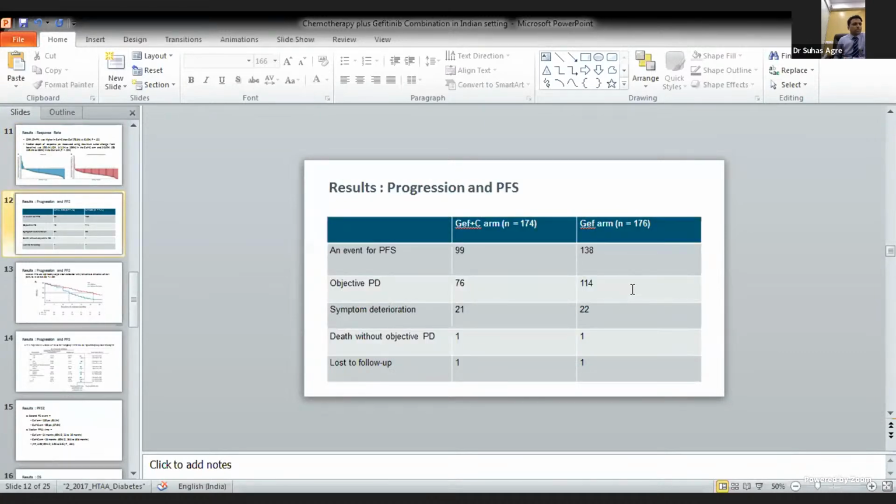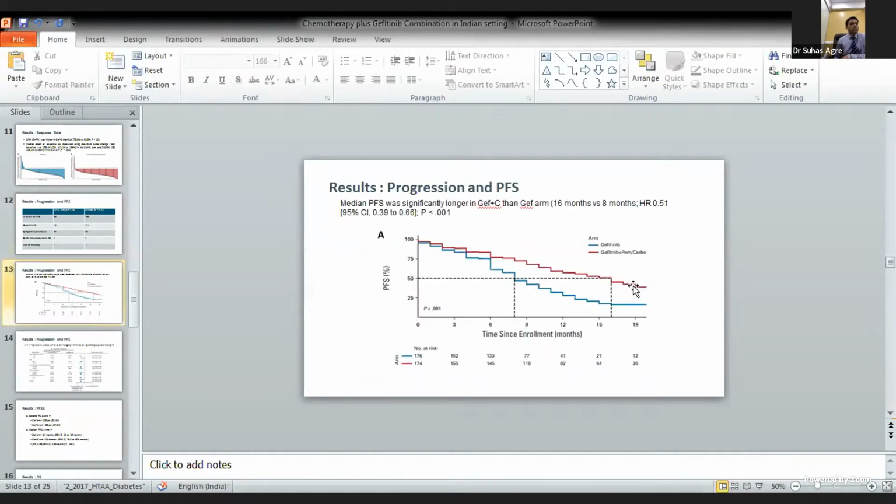So when we talk about the progression and the PFS, we can see the objective progression of the disease being lesser, as well as the events for PFS being lesser with gefitinib and chemotherapy, while the incidence of death was obviously balanced in both arms, and the incidence of loss to follow-up was also equal.